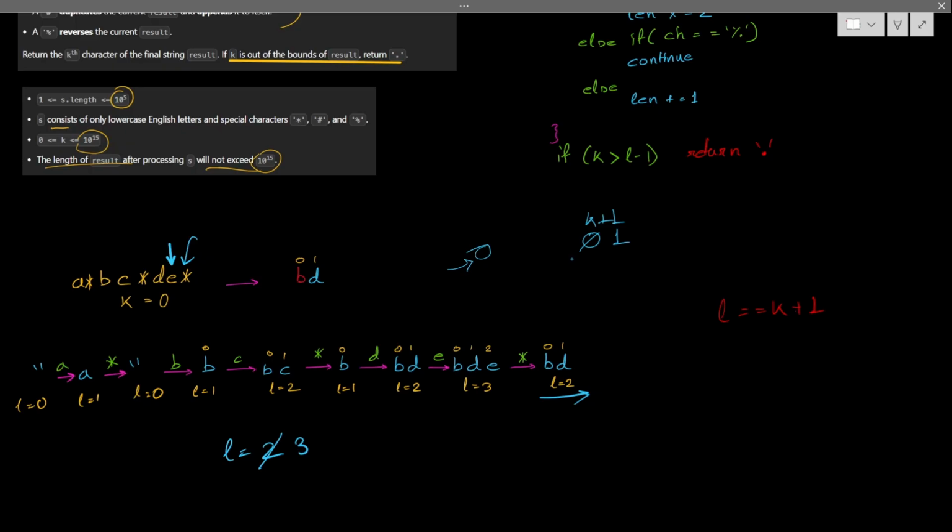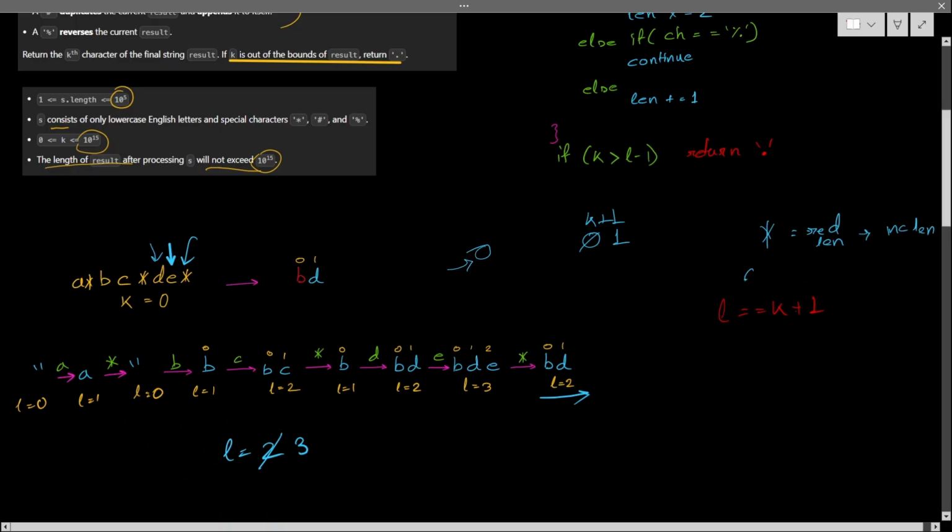So I will move to the D. But before moving to D, what does the star mean? As I told you, in terms of length, star means remove or reduce the length. I am doing the opposite, increasing the length. What is the English alphabet?